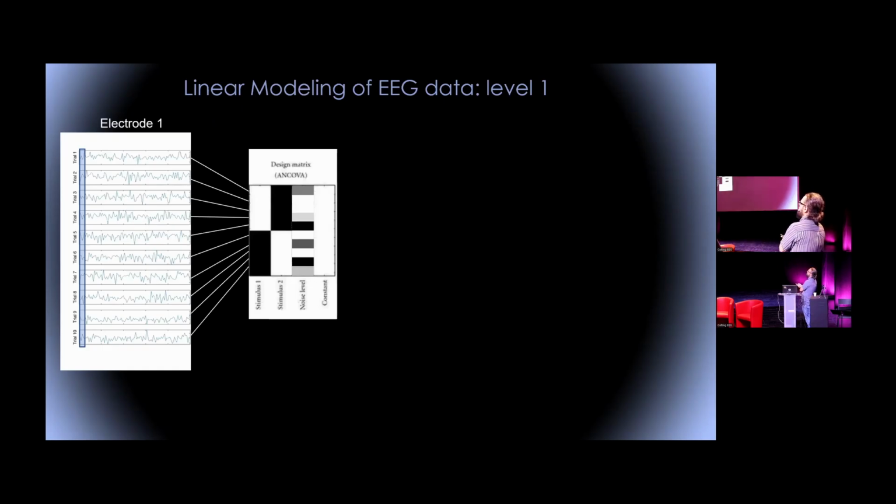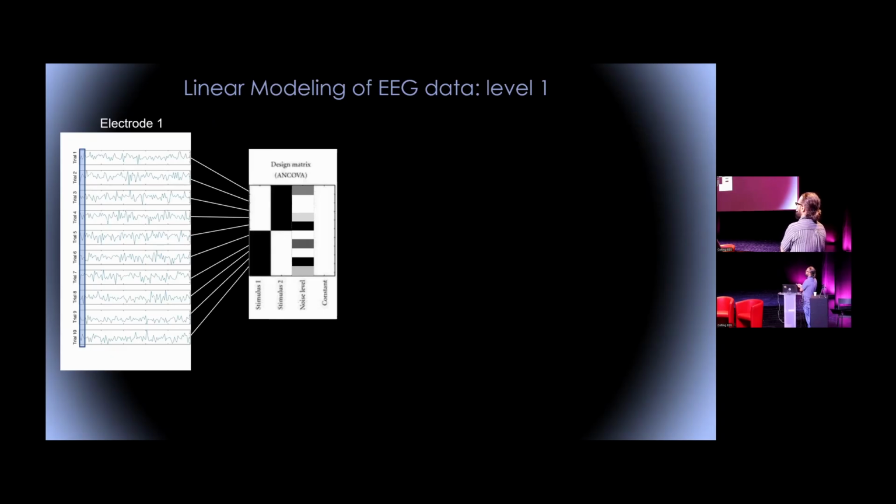So this is our electrode number 1. Here is our design matrix. We have all our different trials, and then we're going to apply our GLM at a given time point. Here, some trials are stimulus 1, some trials in the bottom are stimulus 2, and all the trials have a different noise level.